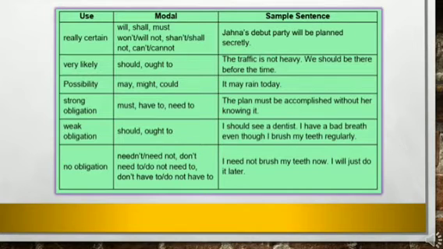The table here will show us the use of the modals and how they are used in sentences. First, the modals will, shall, must, won't or will not, shan't or shall not, can't or cannot. These modals are used to show that you are really certain, meaning you are really sure about something.